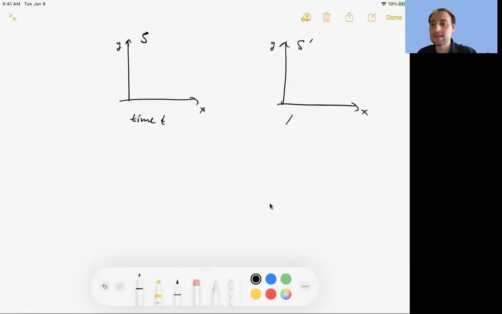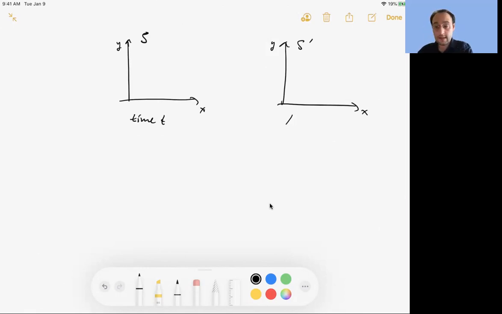Hopefully, you're convinced that t is not the same as t prime. There's not a universal time. It's all personal. I live in my frame, I have my rulers and my clocks, and in my frame I measure x, y, z, and t. And a passerby or a spaceship that's passing by has their own rulers, their own clocks. It's personal, okay? And let's say that this is moving with speed v.